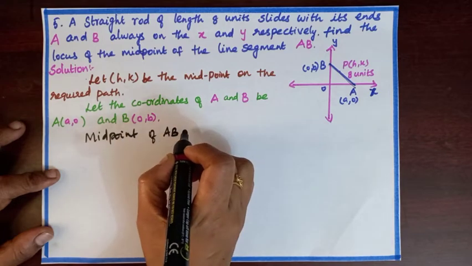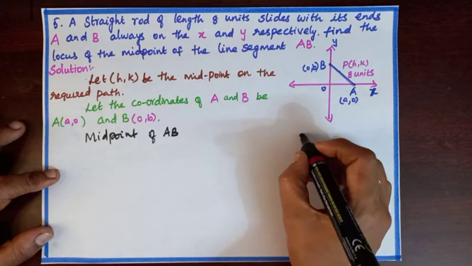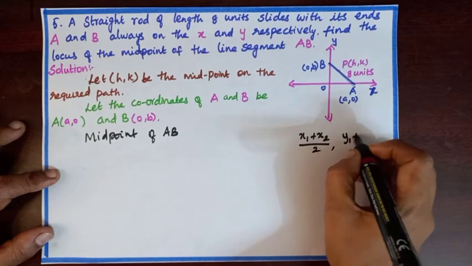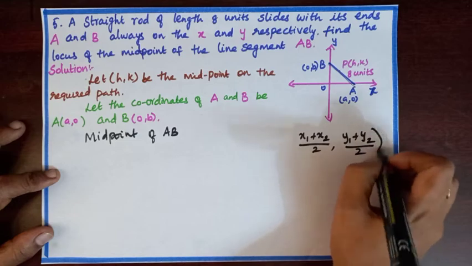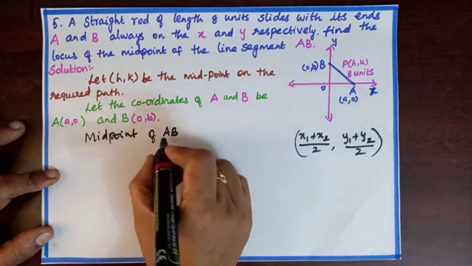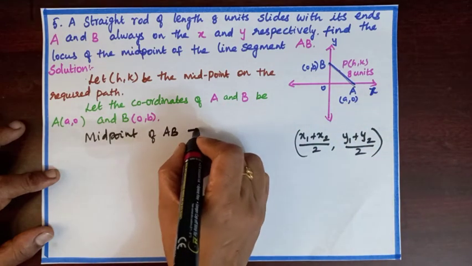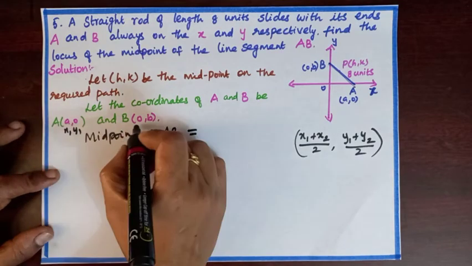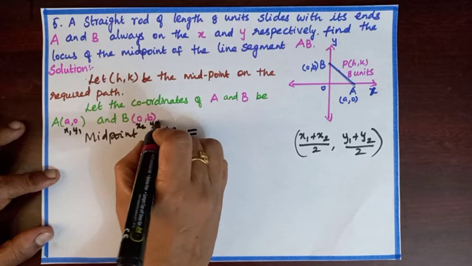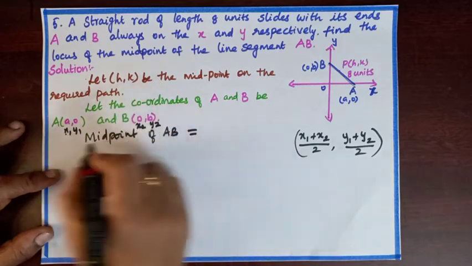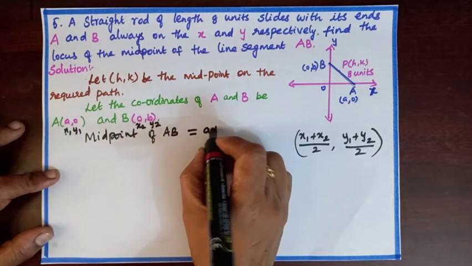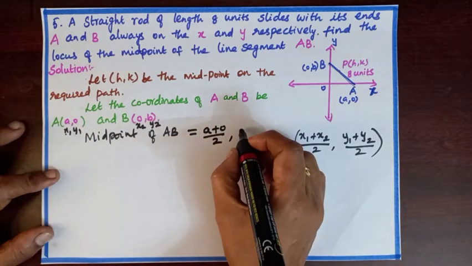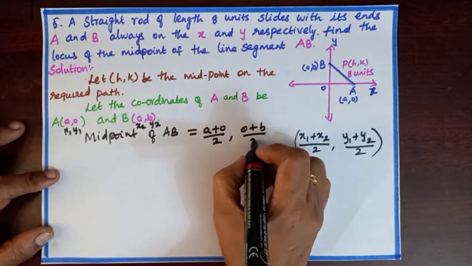You have already learnt the midpoint formula: (x1 plus x2) by 2, (y1 plus y2) by 2. Midpoint of AB, assuming (a, 0) as (x1, y1) and (0, b) as (x2, y2): x1 plus x2 by 2 is (a plus 0) by 2, y1 plus y2 by 2 is (0 plus b) by 2.